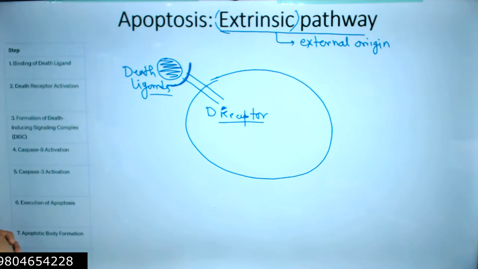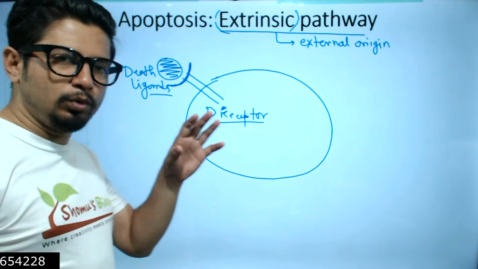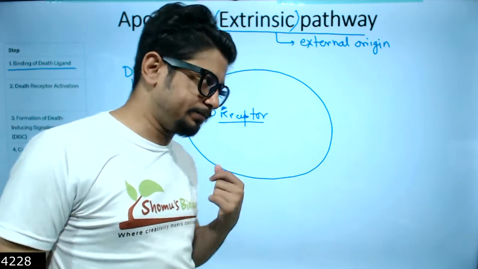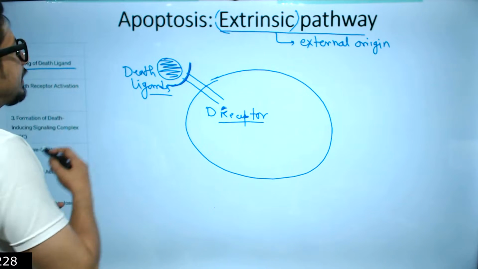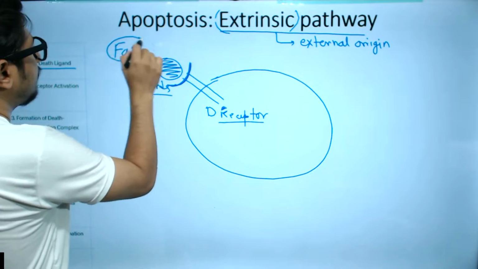So what are such examples? The very first step is binding of the death ligand to its respective receptor. What are some examples of these death ligands? Let's say Fas L, Fas ligand. It's a protein.